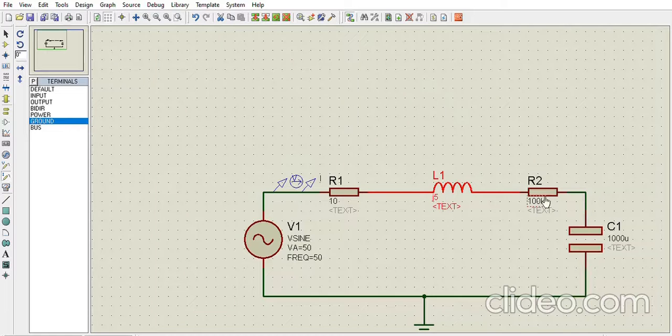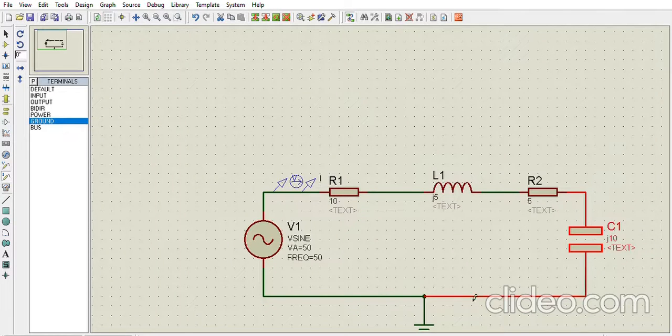Then this one is the property 5. This one also we need to change to 7. And this 10 ohm. So this value C1 and L1 later we are going to discuss, and we change it into the inductor value.